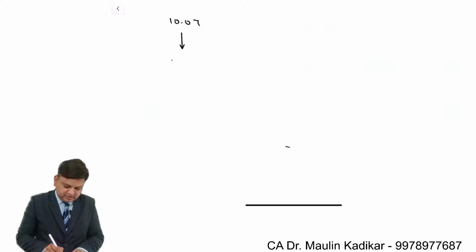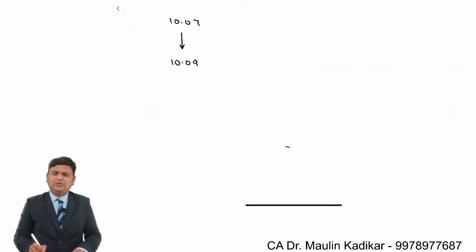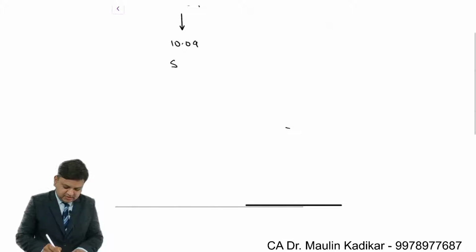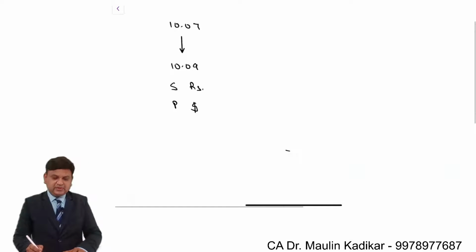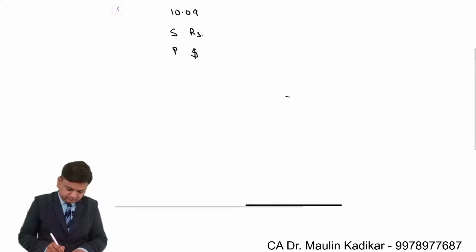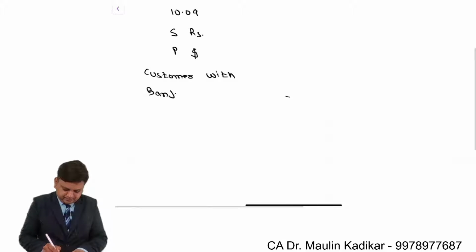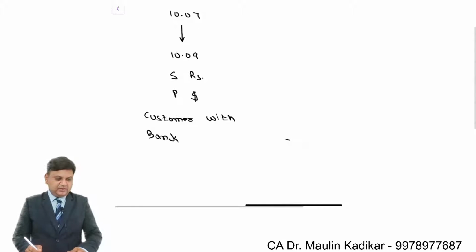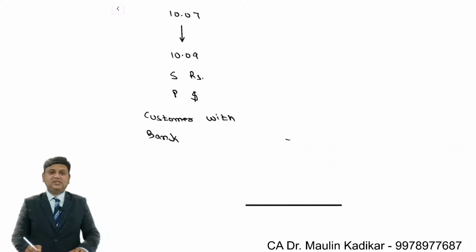On 10th of July, a forward contract is entered upon for 10th of September. What kind of forward contract? It is sell of rupees and purchase of dollar, entered upon by the customer with the bank. Why? Because the question clearly says it is an importer customer.